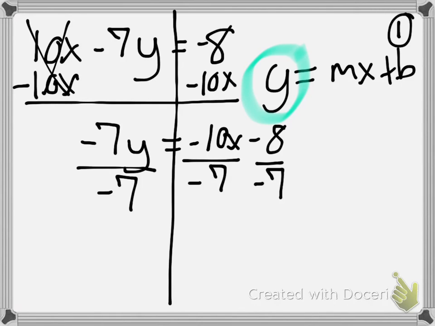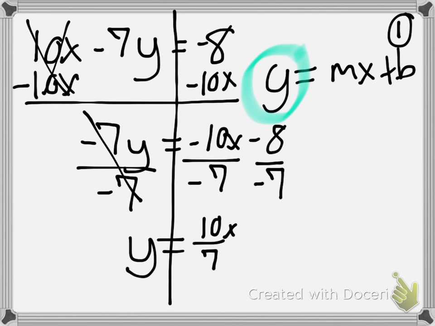Okay, so that cancels out, and I have y equals, well, neither of those is going to make a pretty fraction, but you also want to keep it as a fraction and not a decimal. So this just becomes 10 over 7x, and it's positive because we had negative negative. This over here, we have negative negative again, so it's going to be plus 8/7. Okay, and that is our slope-intercept form.